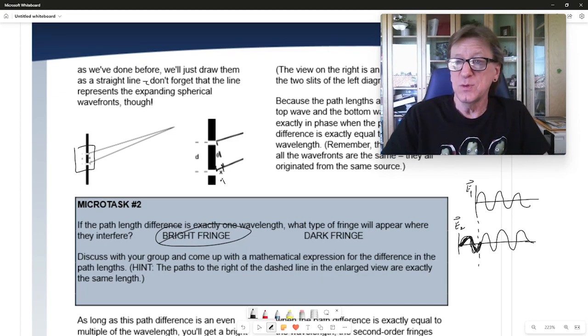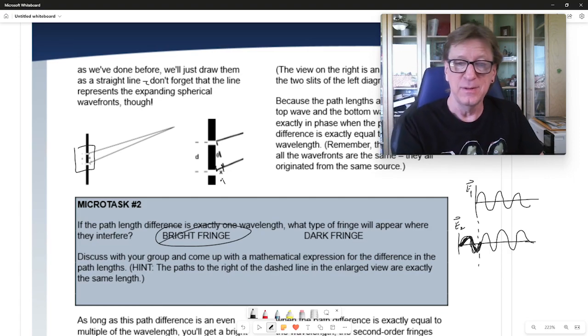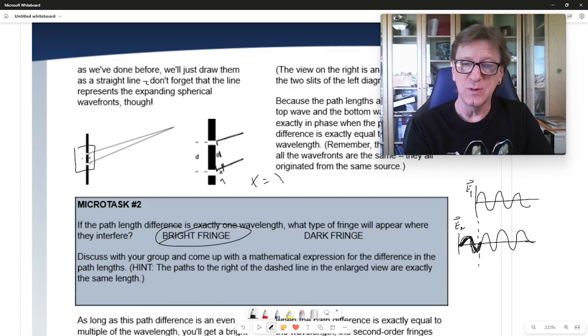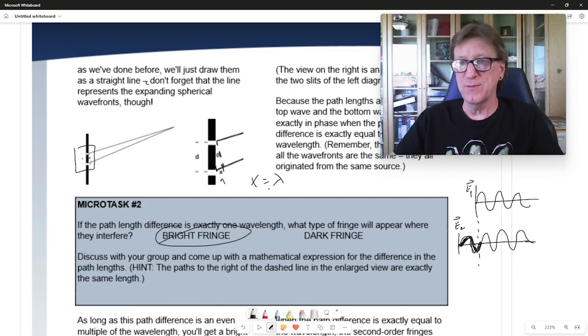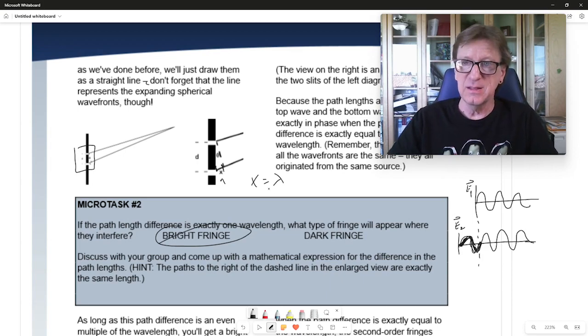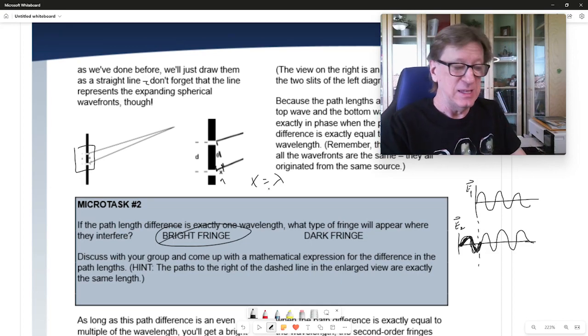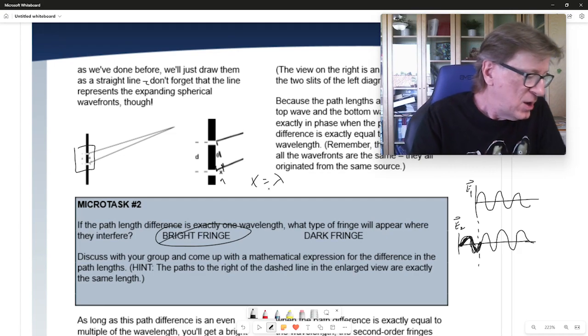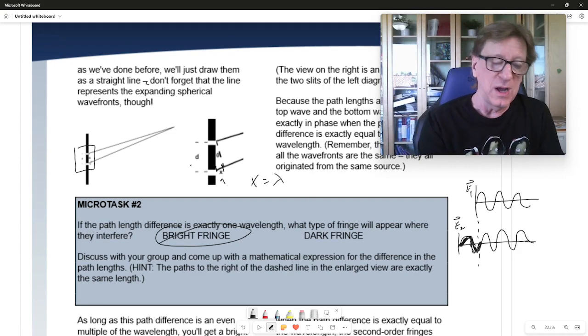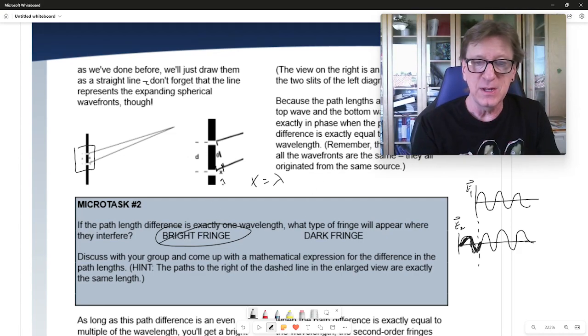Well, X must be equal to one wavelength, right? So X must equal lambda in order to get a bright fringe. That's the key condition. I'll get a bright fringe whenever X is equal to lambda.